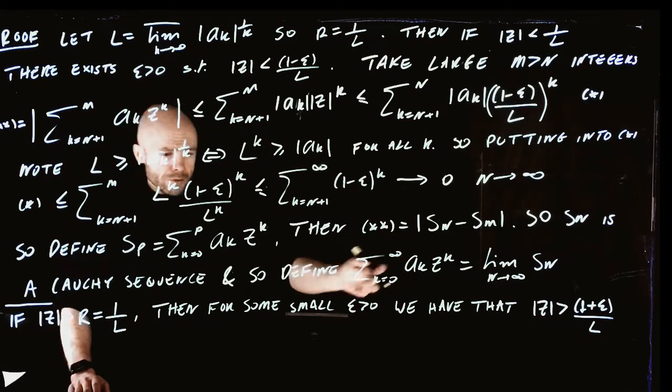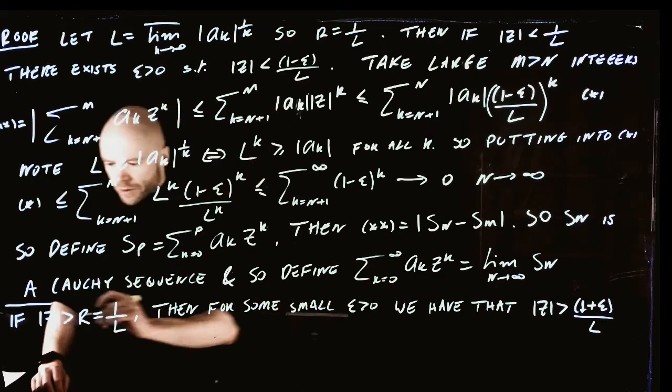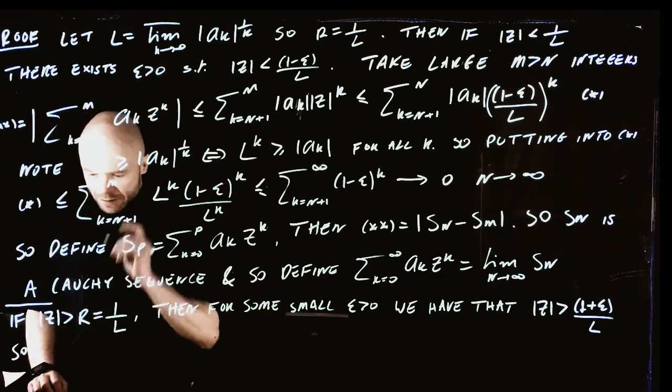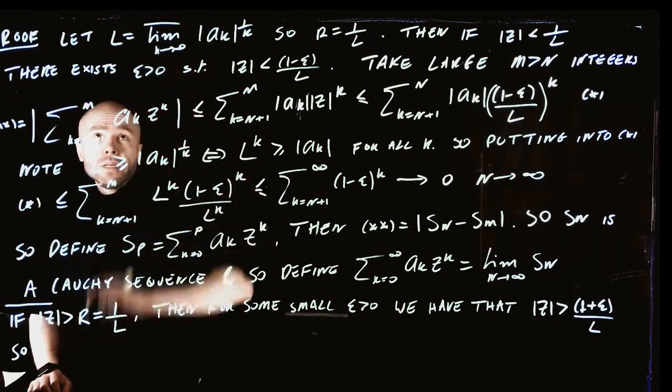So there must be some tiny epsilon for which this is true. Cool. So let's take a subsequence that achieves this limit here.